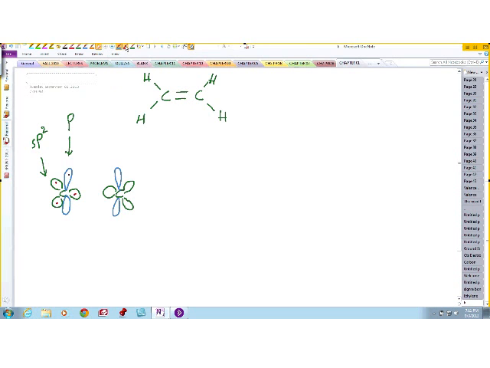So you have one electron here, one electron here, one electron here. In each of these cases, keep in mind the green is the sp2 hybridized orbital, and the blue is the p orbital. Put the bond in, electron in there.